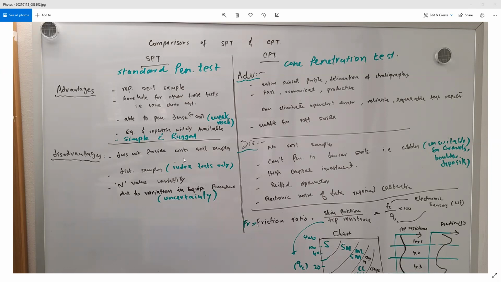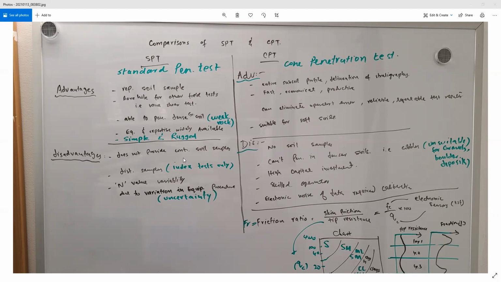It can eliminate operator errors and can provide reliable and repeatable test results. Particularly, it is suitable for soft soils. If we hit a boulder or a harder layer of gravel, we might hit refusal.